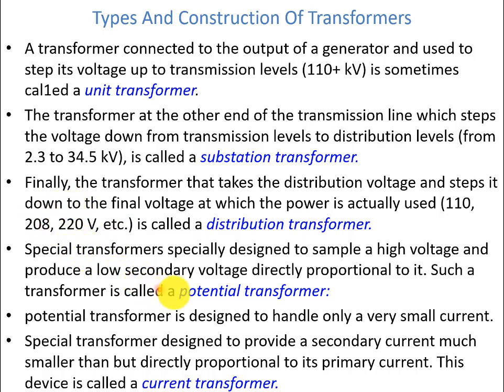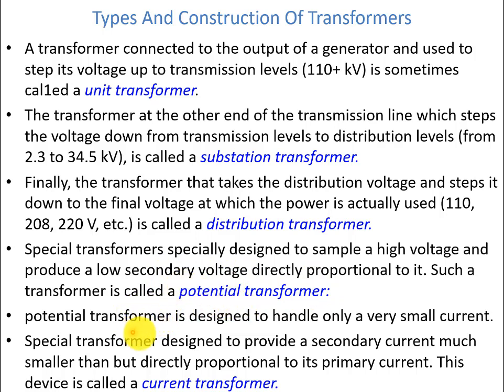There are some special transformers known as the potential transformers and the current transformers. They are also called instrumentation transformers. The potential transformer is such that its input is a high voltage and the output is a proportional low voltage, such that the current passing through this transformer is very small.